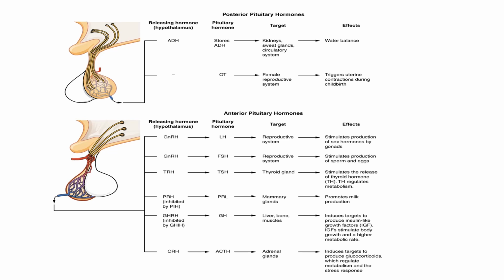The secretion of the hormones from the anterior pituitary gland can be regulated by two classes of hormones. These hormones are secreted by the hypothalamus. They're the releasing hormones that stimulate the secretion of hormones from the anterior pituitary, or the inhibiting hormones that inhibit the secretions. The anterior pituitary produces 7 hormones.